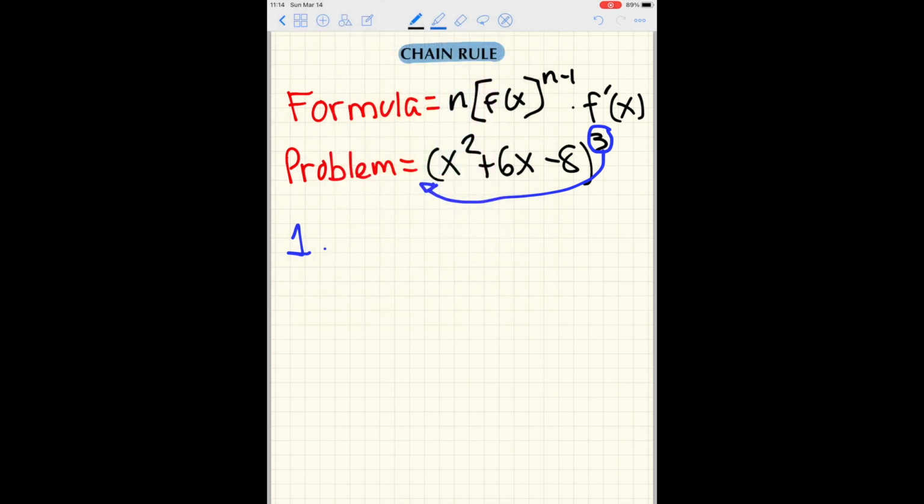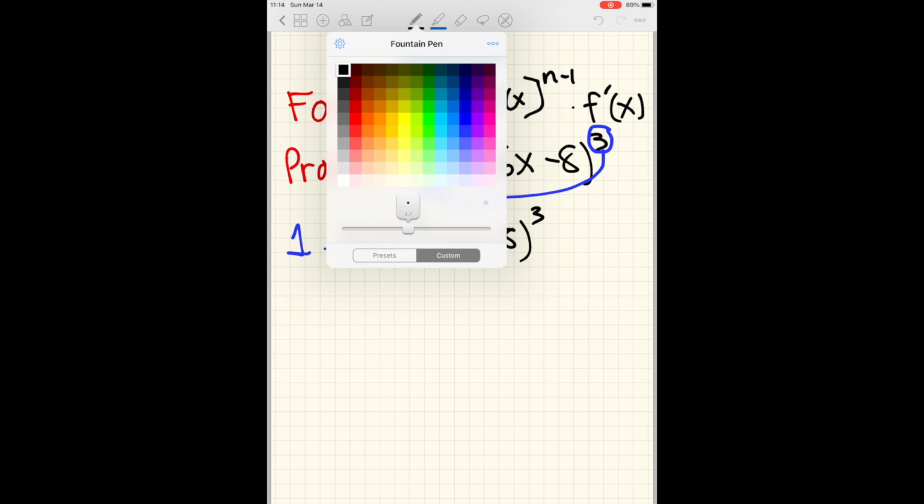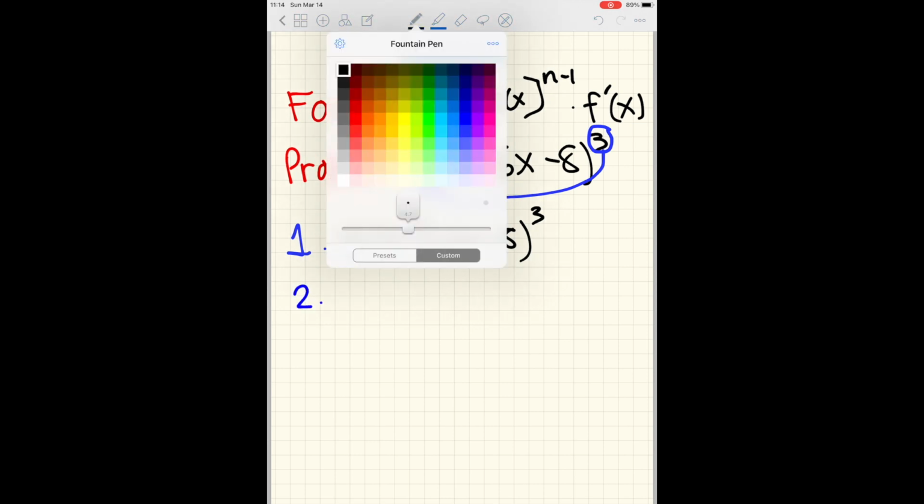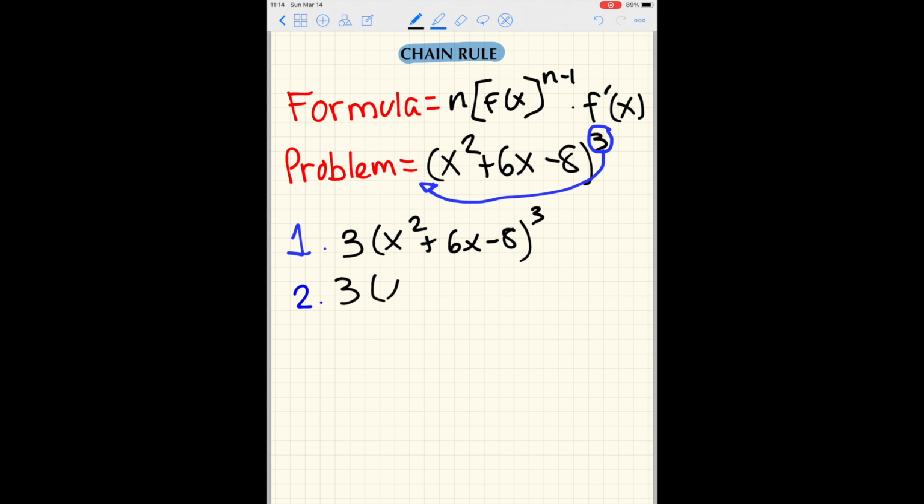First the 3 and then the whole expression, just as it is. Then we will be seeing what is the second step. This step consists of writing the expression as it is in the first one, but we will be subtracting 3 minus 1.